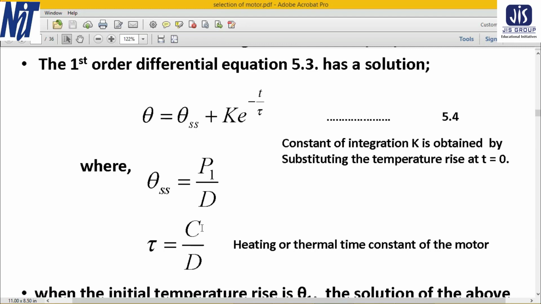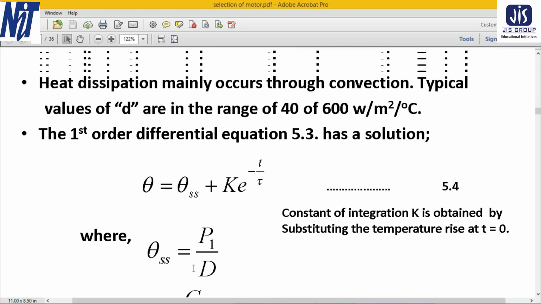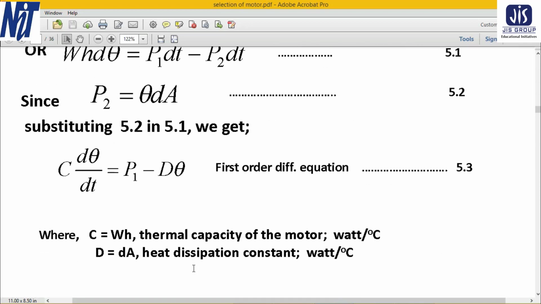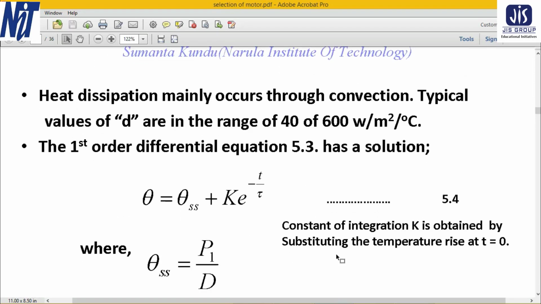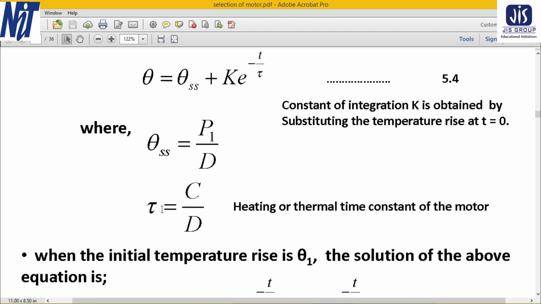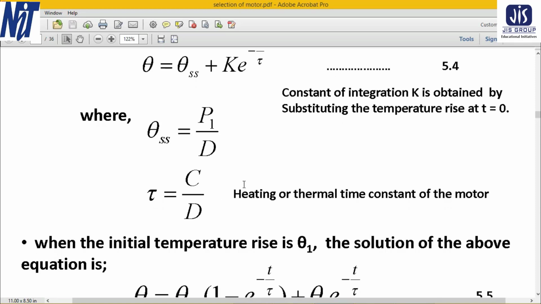What is C? C is thermal capacity, and D is heat dissipation constant. So this gives my τ, which is also known as thermal time constant. So thermal time constant is nothing but C/D.